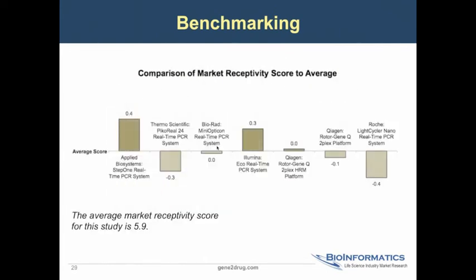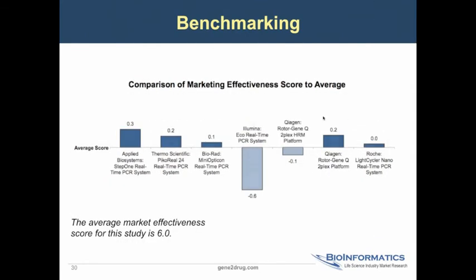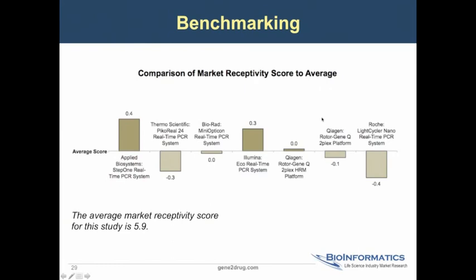The market receptivity score reflects the language each supplier used to explain the customer need, how well that language resonates with the target audience, and how well the product, in this case, one of 7 low throughput real-time PCR instruments, meets that customer need. You can see that the market receptivity scores for the Illumina and the Applied Biosystems instruments are the highest.